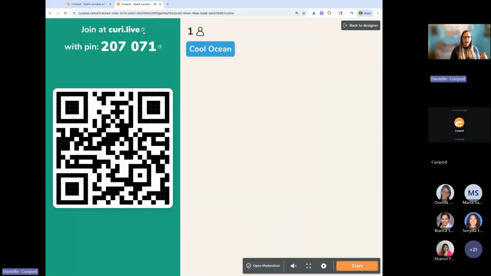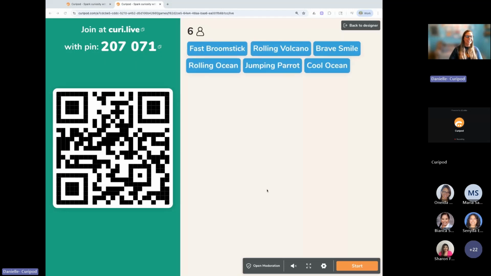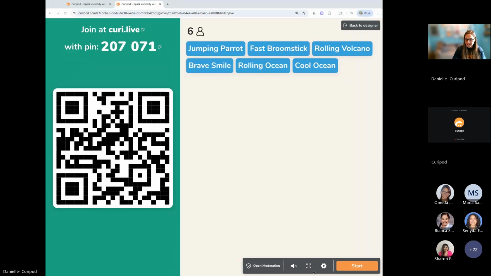And I'm actually going to have you guys also join in on this lesson, at risk of maybe this being a lot of tabs, but I hope this works. So you can go to Curie.live, or you can use the pin or link that I just put into the chat. It's really important that I get a few of you to participate just so we have some data to use to create the next lesson.